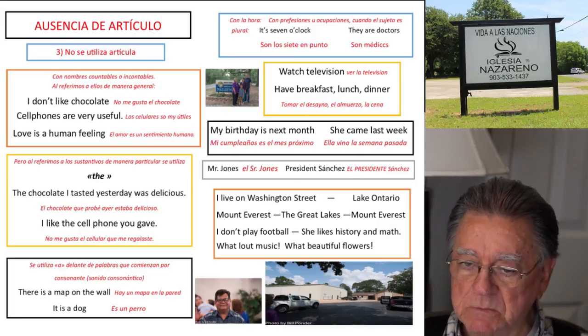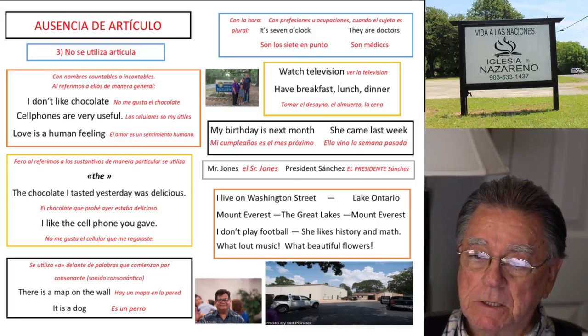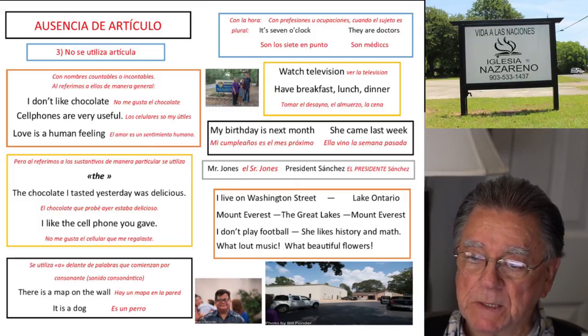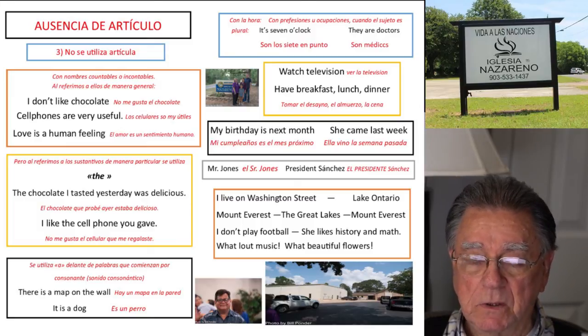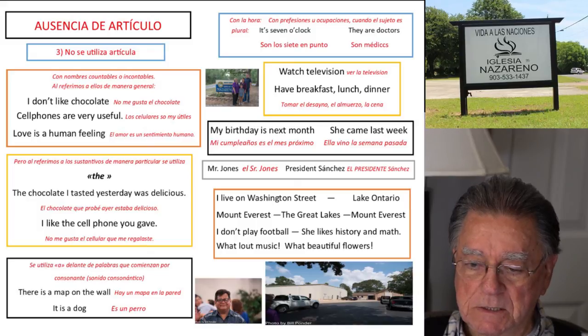I have 3 little pictures. I have my grandson and his wife, and my great-grandson and my wife by the little sign of Martin's Chapel. And my grandson's wife, her parents are from Costa Rica. Then down at the bottom, 2 more pictures.